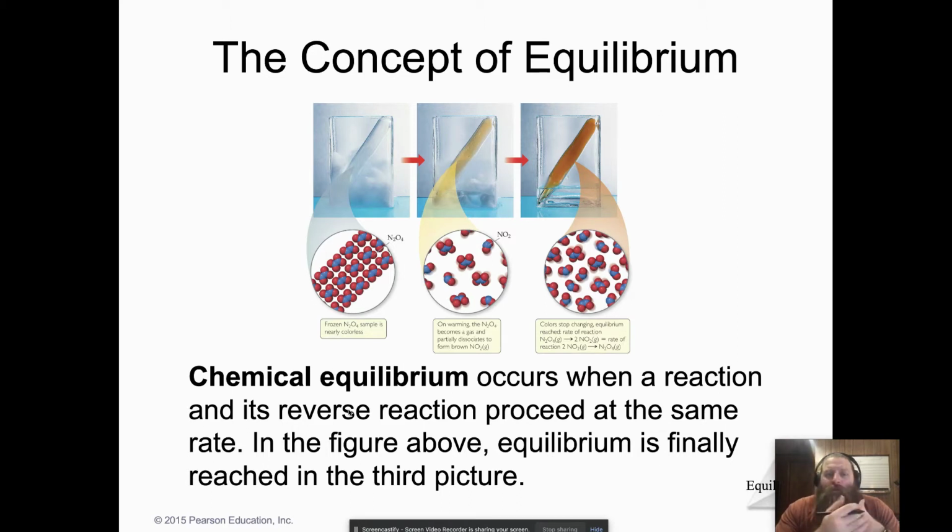When it's frozen, in a really cold environment, the N2O4 is a colorless solid. As it warms up, it turns this kind of brown NO2 as it dissociates.